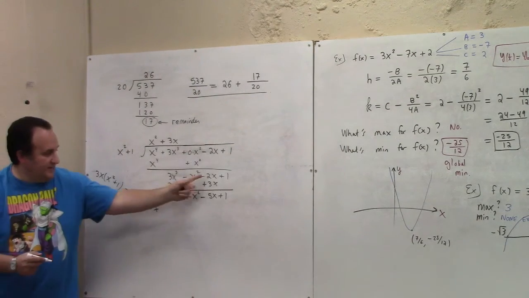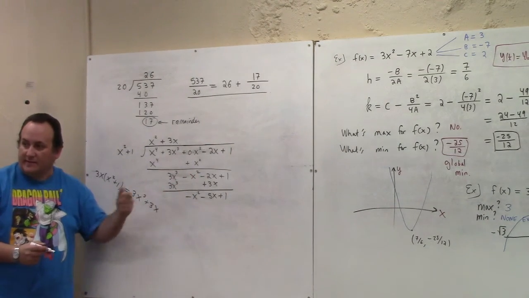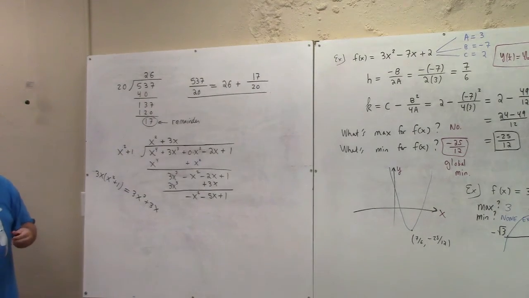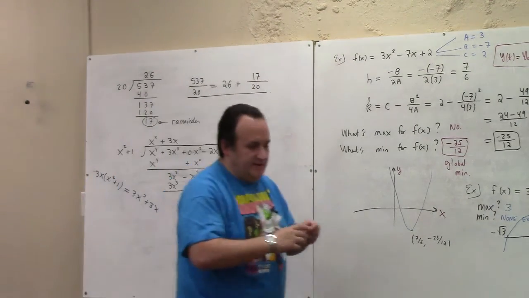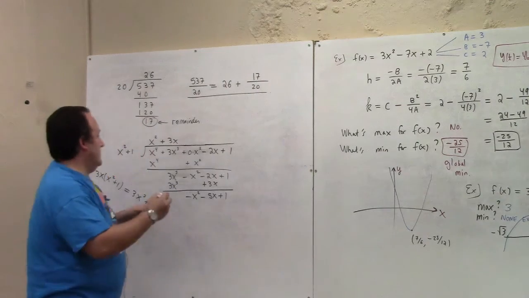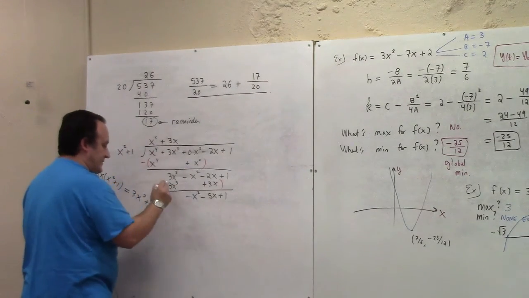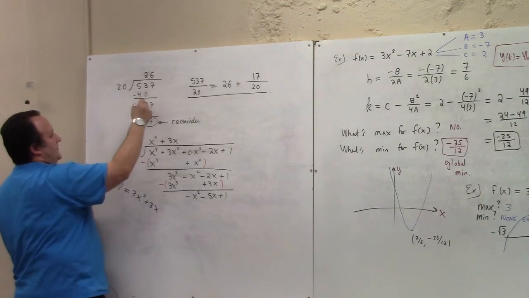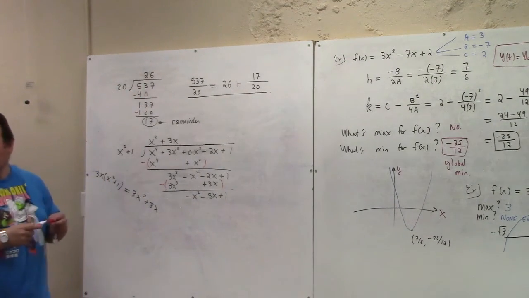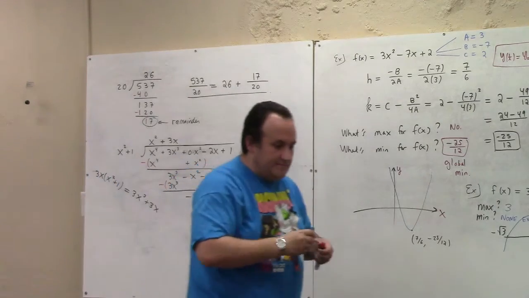Because I have to subtract. I'm always subtracting, right? I actually like to put notation like this here, just to emphasize that I'm subtracting. And I like to do the same up here, honestly, because we're subtracting.